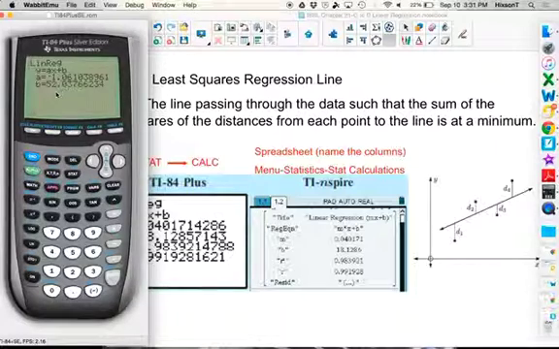Did you get an R and an R squared? No, Timmy. Hit stat and hit the right arrow to calculate. And then number 4 is linear regression. It just gives A and B.